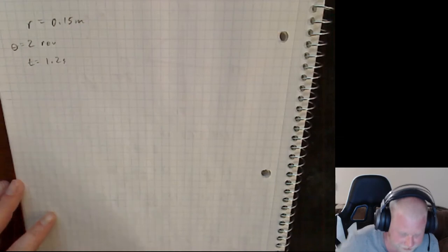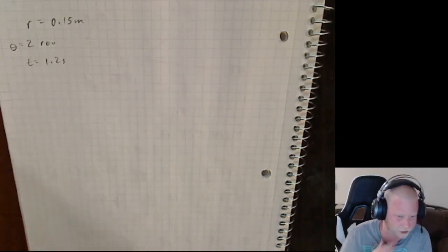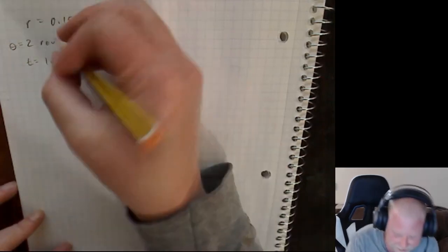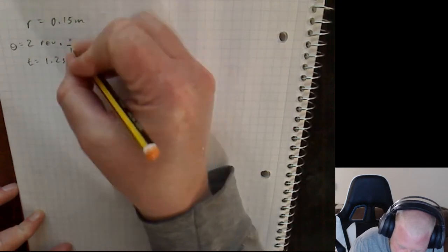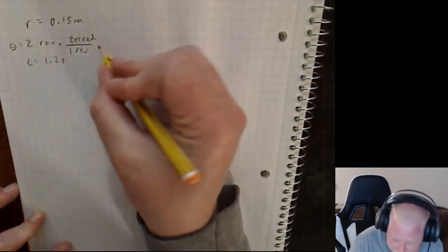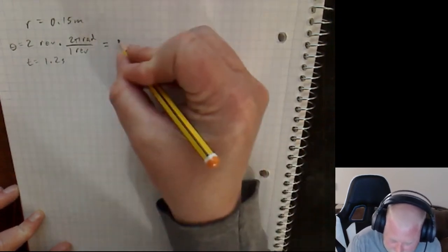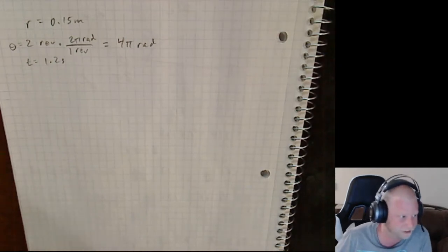Now that 2 revolutions is going to be our angular displacement, but keep in mind that we cannot be working in revolutions, we have to be working in radians. So let's convert that, where 1 revolution is 2 pi radians. So we have an angular displacement of 4 pi radians.